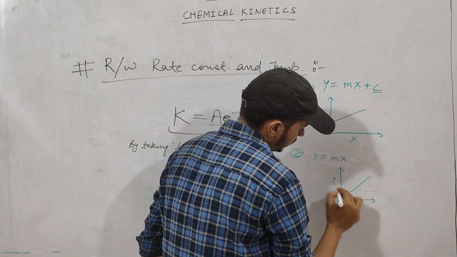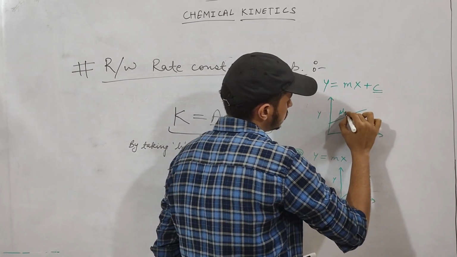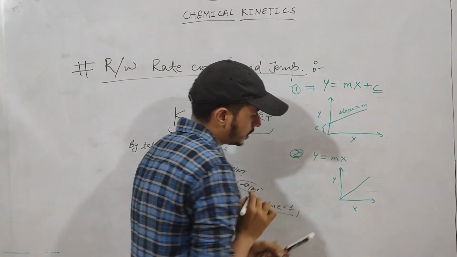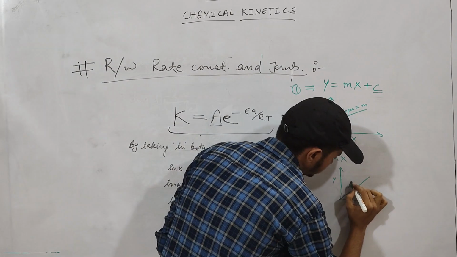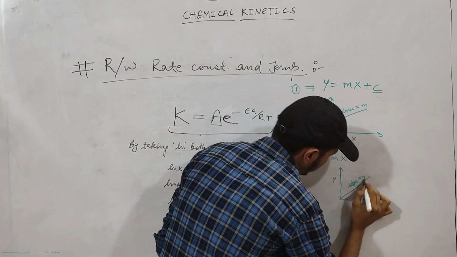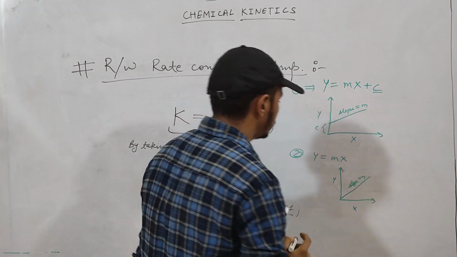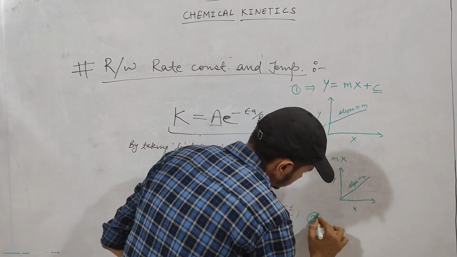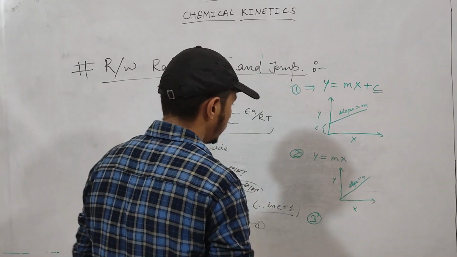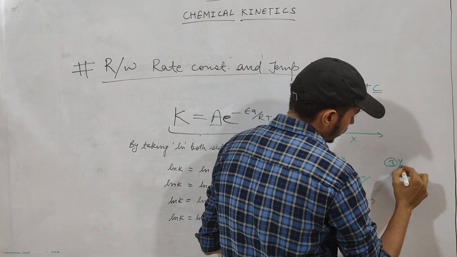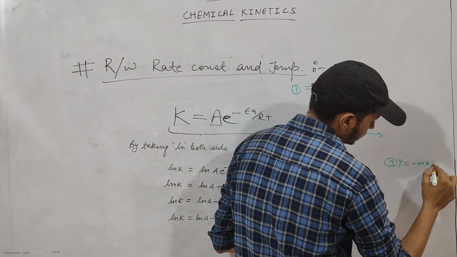So this is y and this is x. Here the slope is m, and there is no intercept c. The value of c in this will be 0. Now the third graph, let me draw here: y is equal to minus mx plus c.